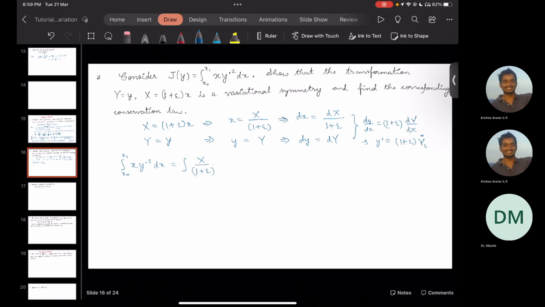Then this we have as 1 plus epsilon squared Y dot squared, and dx is d capital X by 1 plus epsilon. And since we have transformed both x and y, the limits of integration will be capital X naught to capital X1.